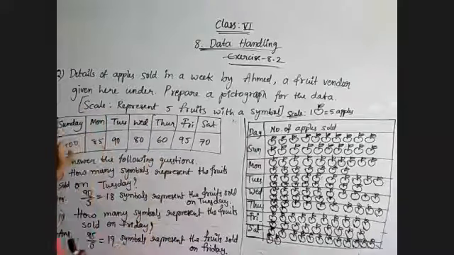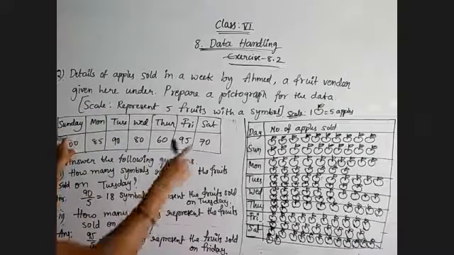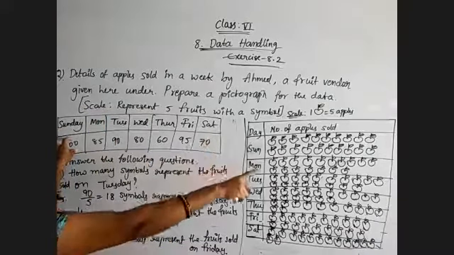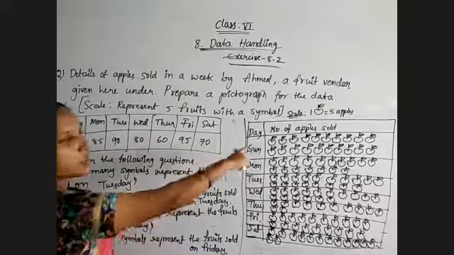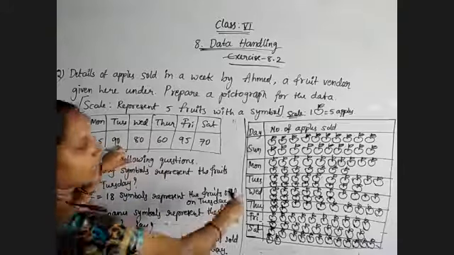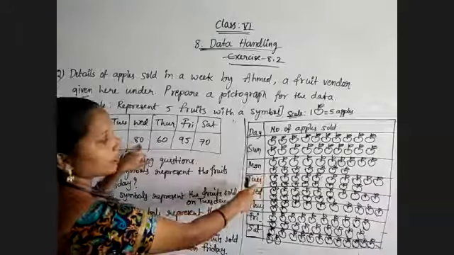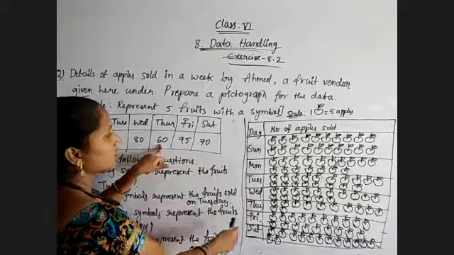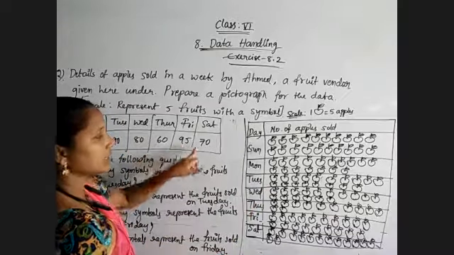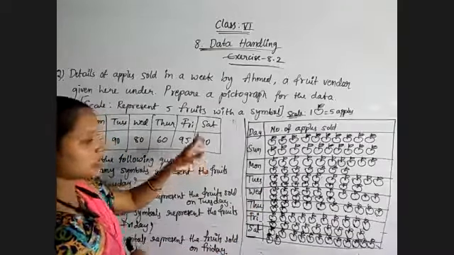On Sunday, total 100 fruits are there. So 100 by 5, 20 symbols we must draw. And 85 by 5, 17 symbols we have to draw, and 90, 18 symbols, 80, 16 symbols, 60, 12 symbols, 95, 19 symbols, 70, 14 symbols we have drawn.